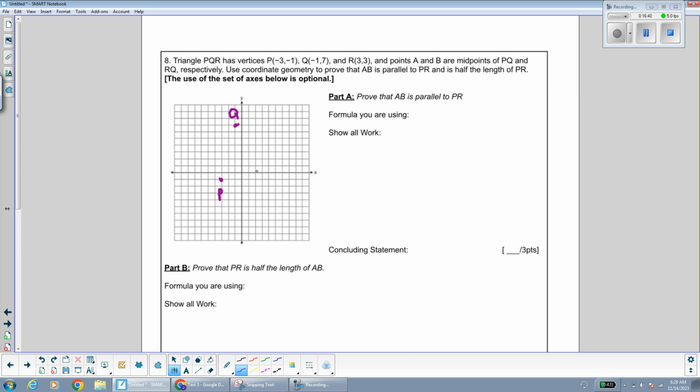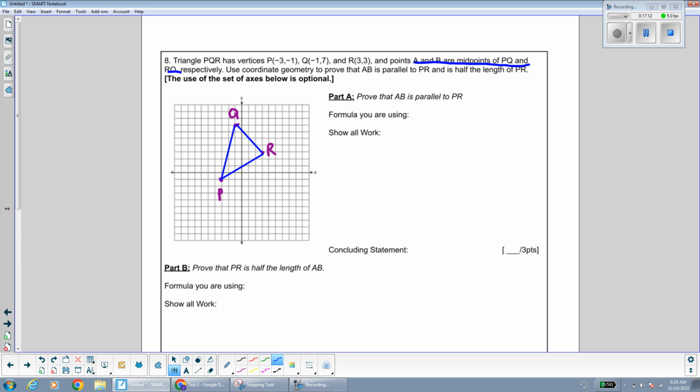And we have R. And it says points A and B are midpoints of PQ and RQ. So notice that there are no points A and B. We have to actually find those points. A is the midpoint of PQ, and B is the midpoint of RQ. So we need to find those.